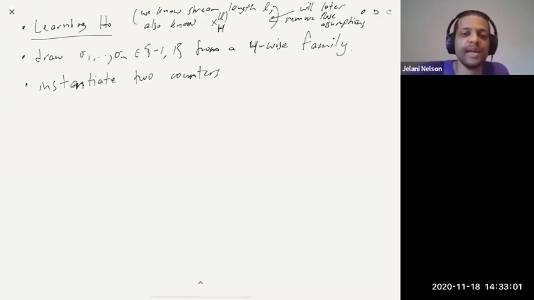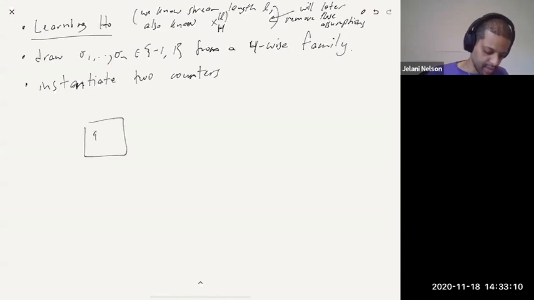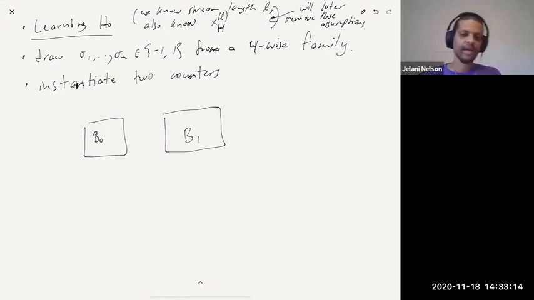But for now, let's assume we know it. I'm going to instantiate 2 counters. Let's call these counters B0 and B1. And let's say I see i in the stream.